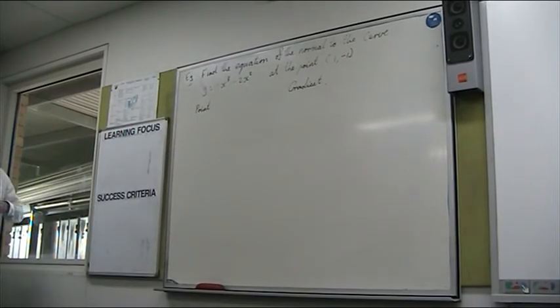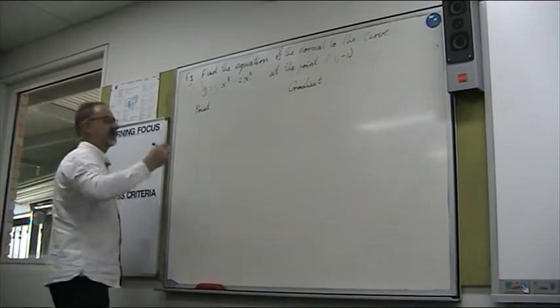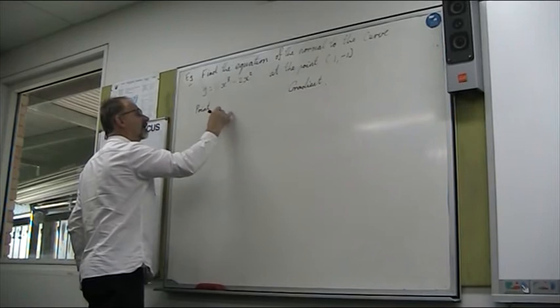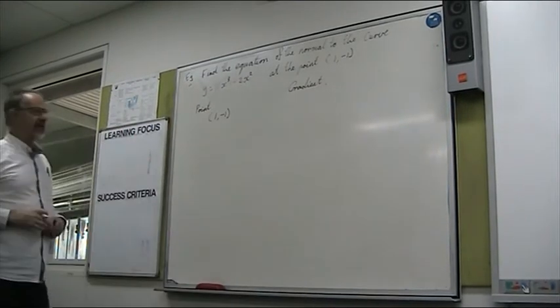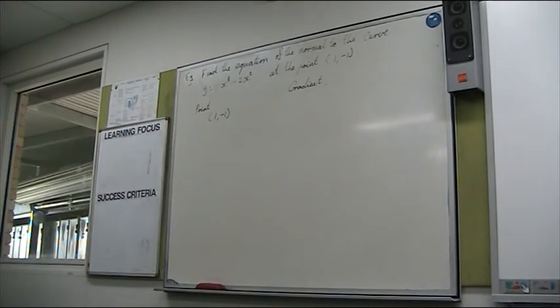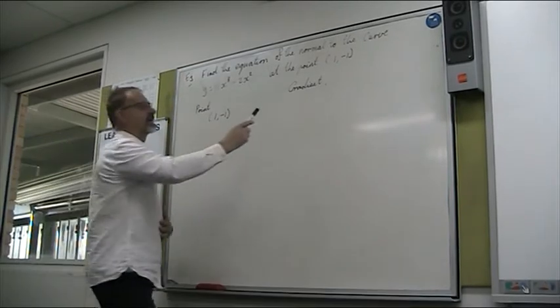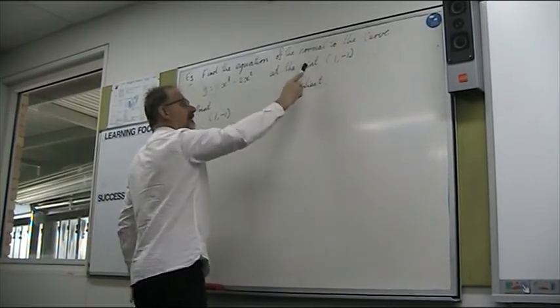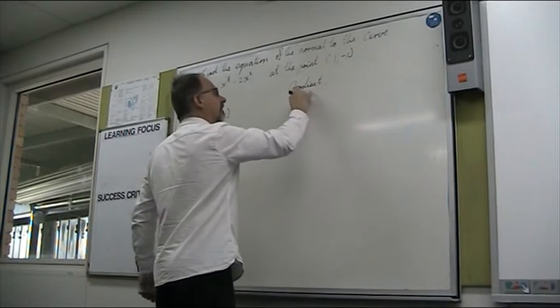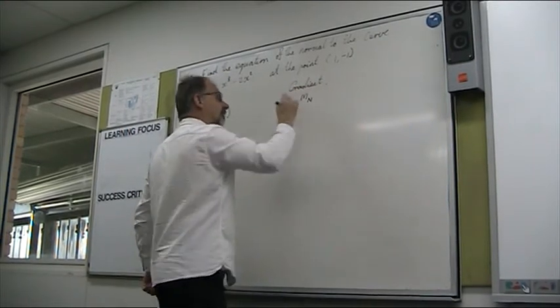So with all of these, we need two things. We need a point and we need the gradient. Point, we've already been given that, so we're already told that it's (1, -1). The next one is the gradient. The gradient of what? We want the gradient of the normal.